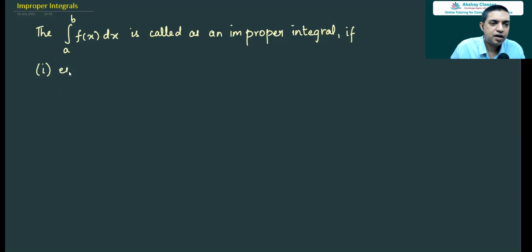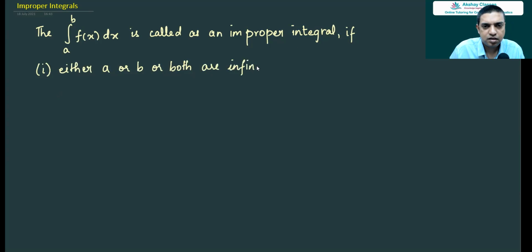If either a or b or both are infinite. That means at least one of the limits is infinite.